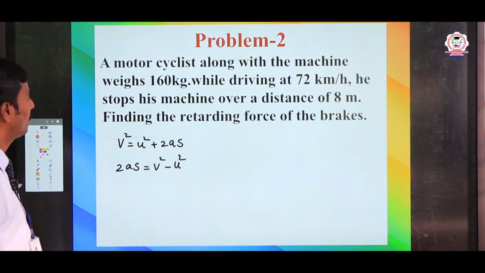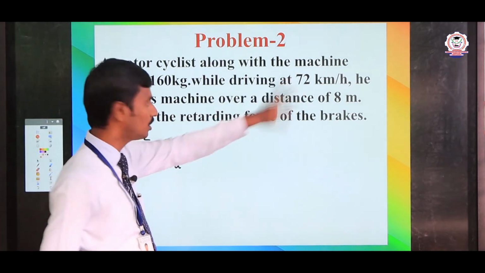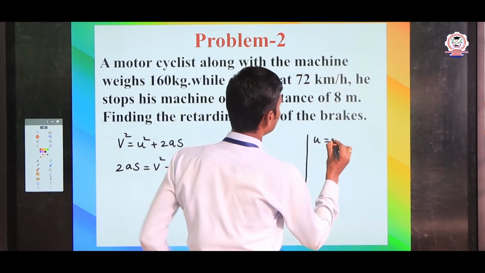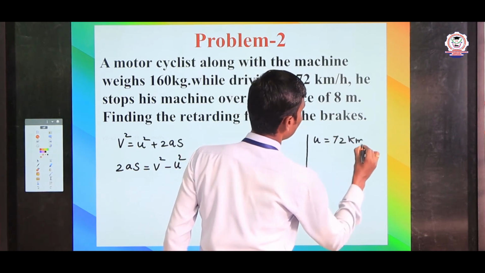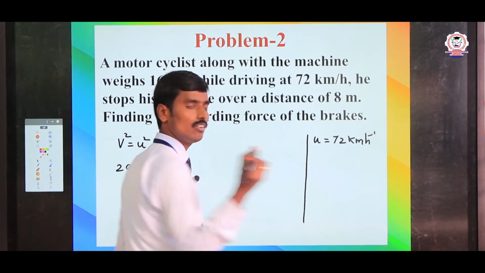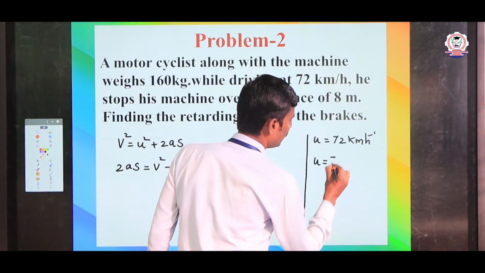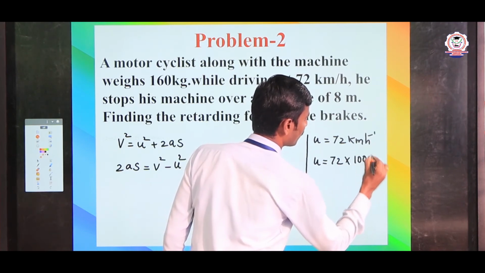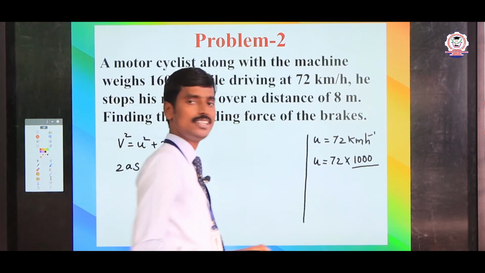Here the initial velocity is 72 km per hour, so first convert it to meter per second. Initial velocity U equals 72 into 1 kilometer, which is 1000 meter, divided by 1 hour, which is 60 minutes and 60 seconds.